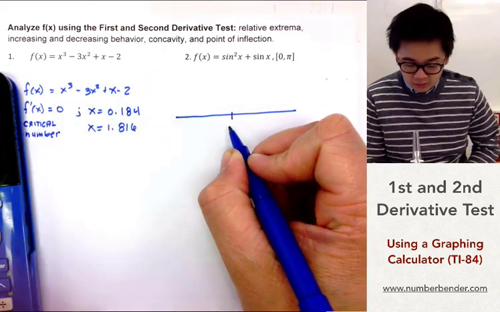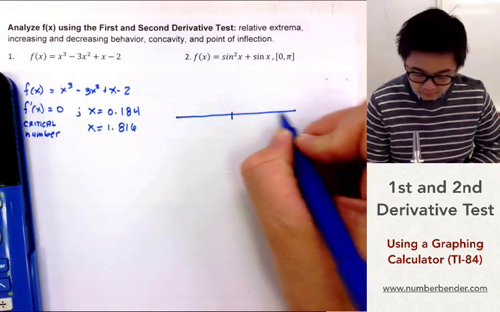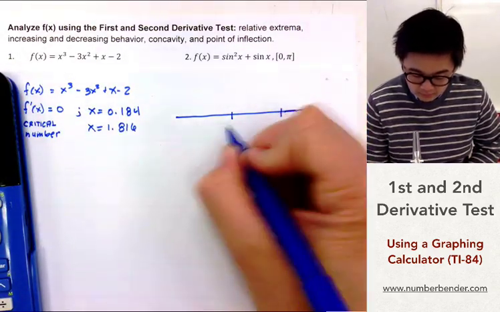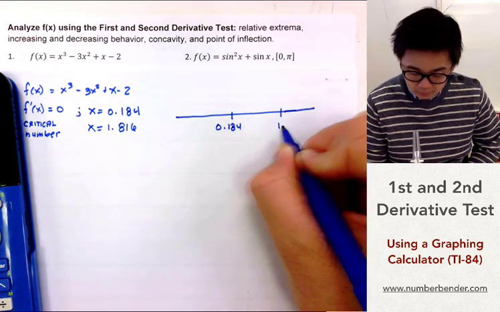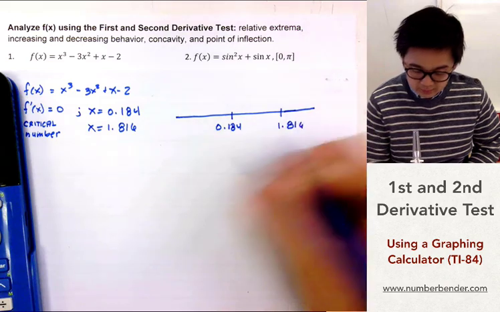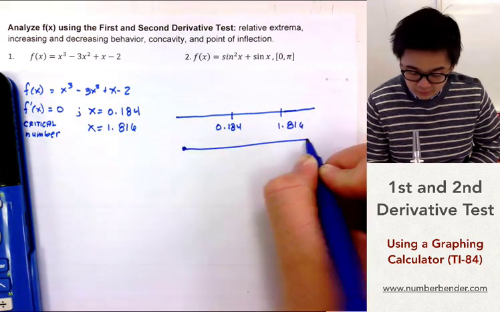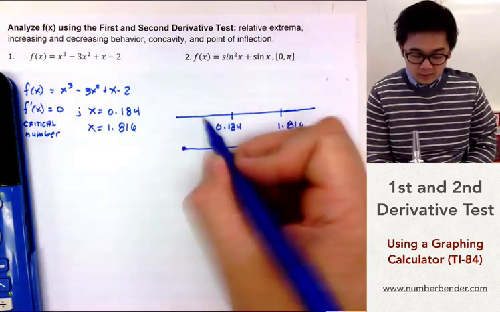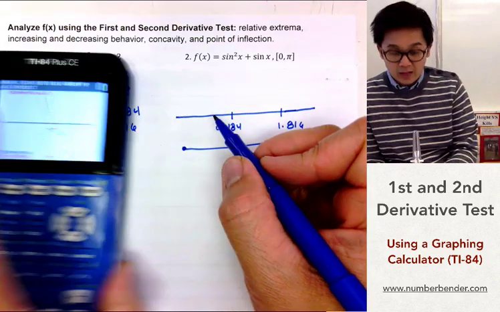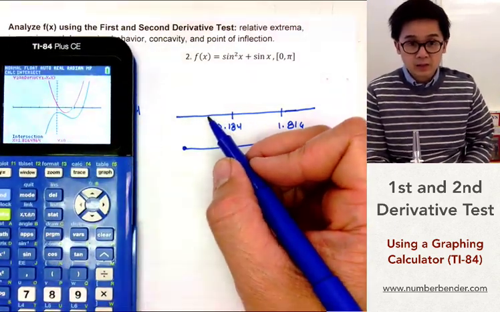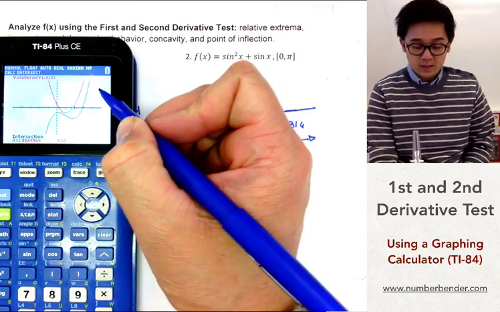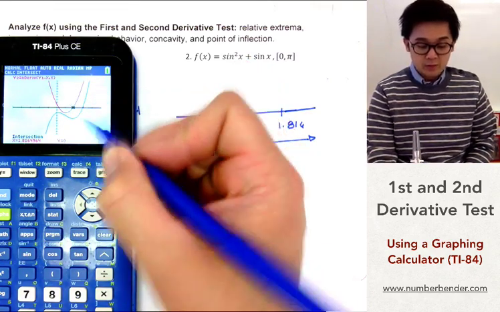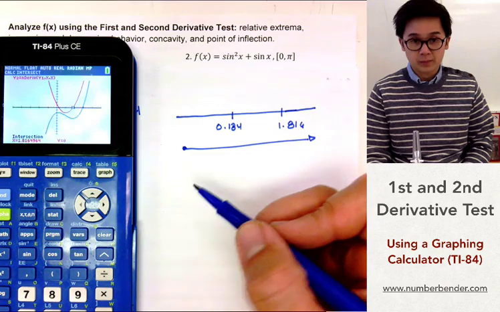So we have two critical points. This is 0.184 and this is 1.816. Coming from left going to the right, the parabola. In our calculator, we know that above the x-axis is positive for the derivative, and below the x-axis will be negative.